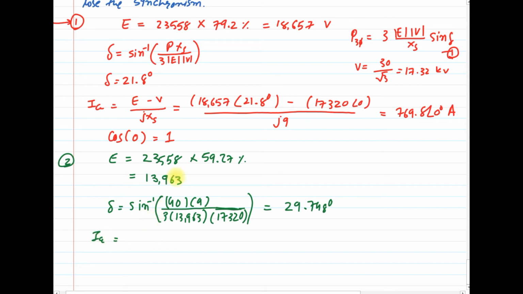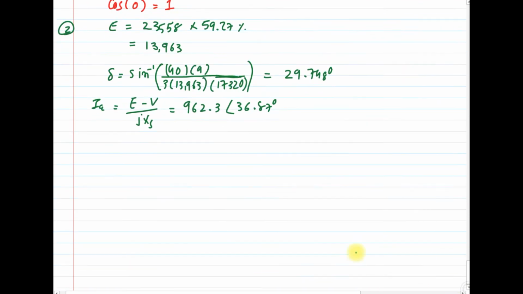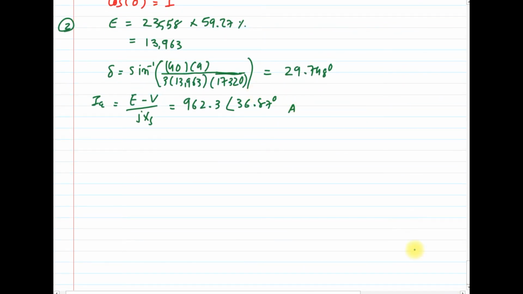So I will not write this whole equation again. I will write just the final equation and its final answer, which is 962.3 with an angle of 36.87 degree. Clear? Yes, the unit is ampere.